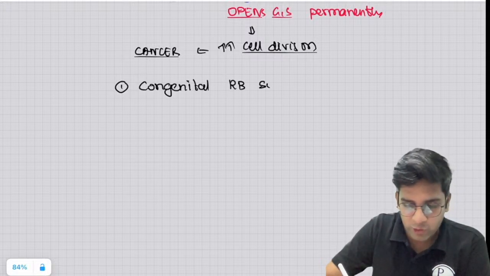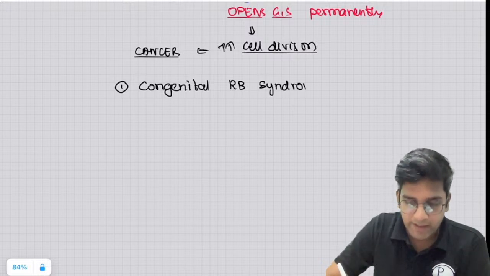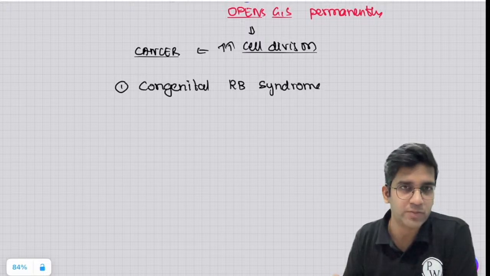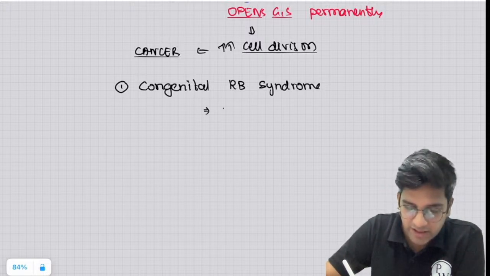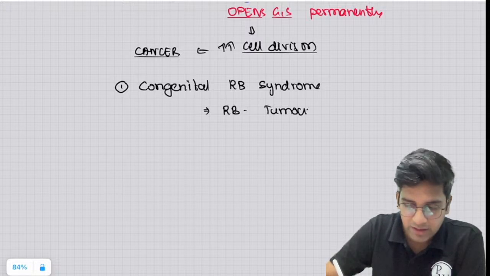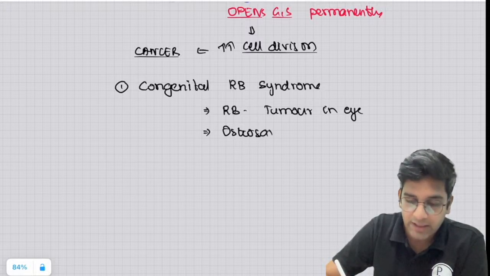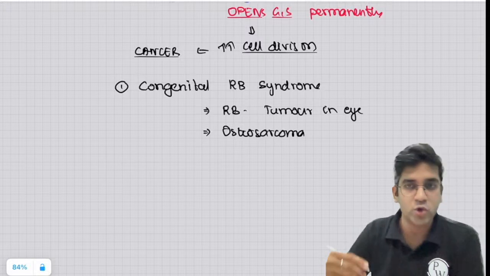I have congenital retinoblastoma syndrome, where there's one loss at birth. When the kid is born, there's no retinoblastoma at all. But you'll have an increased risk of retinoblastoma, which is a tumor in the retina, in the eyeball. And I have one more problem, osteosarcoma. These kids also have a very high incidence of osteosarcoma, fine.